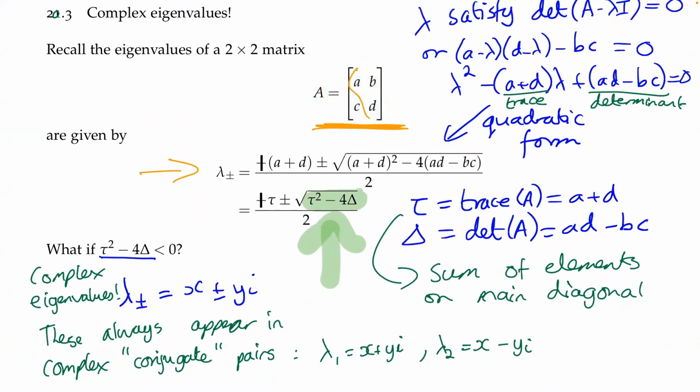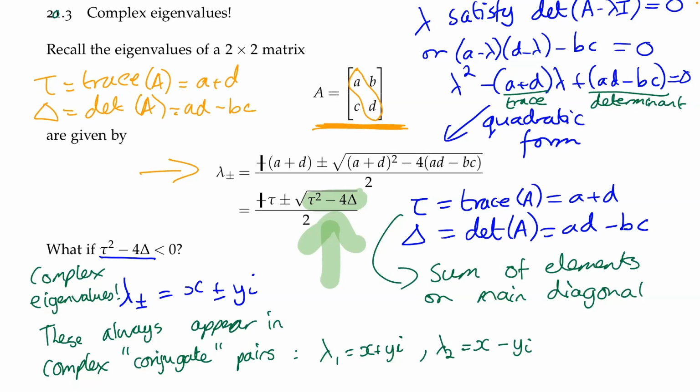The trace is just the sum of the values on the main diagonal. We usually call this tau. This is the trace of our matrix A, so that's a plus d in this case. This delta we usually refer to as our determinant. In this case, it would be ad minus bc. So we already know how to calculate the determinant, but the trace is the new thing here.